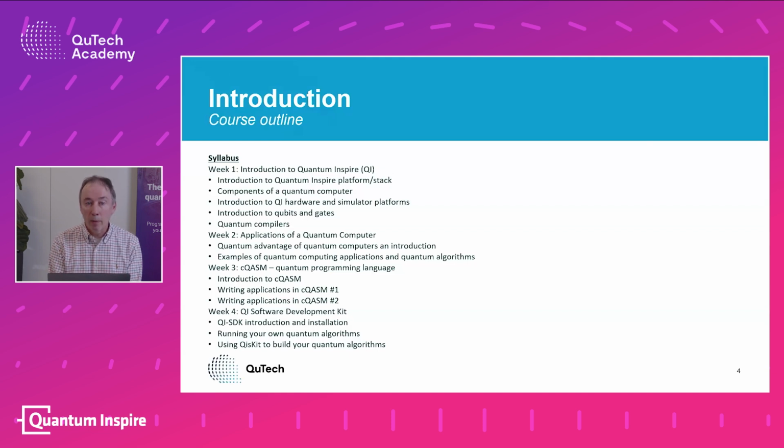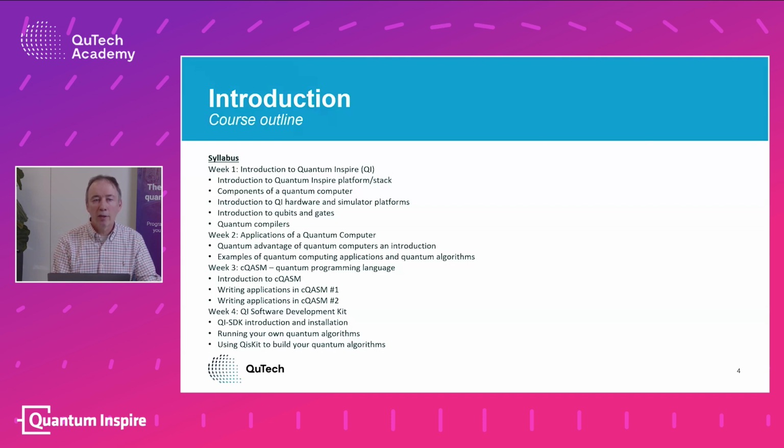So an introduction, some applications where you could see a few examples. And the last week was more about installing the Quantum Inspire software development kit and using programs like Qiskit or PennyLane, Project Q.